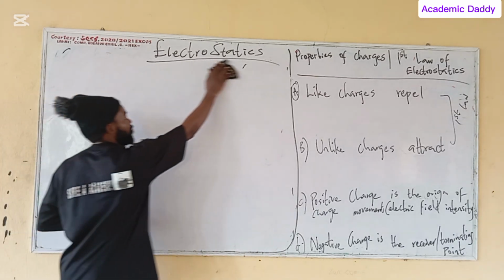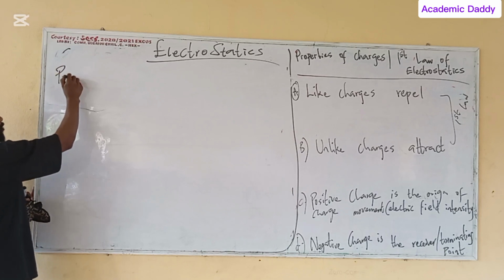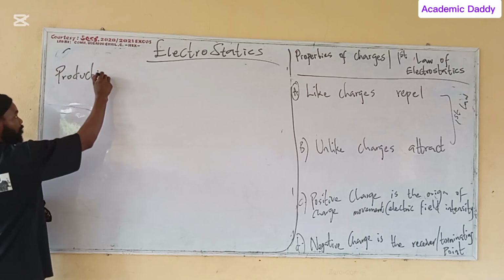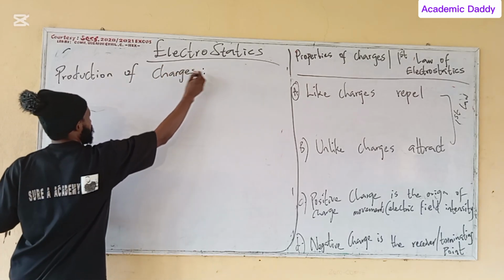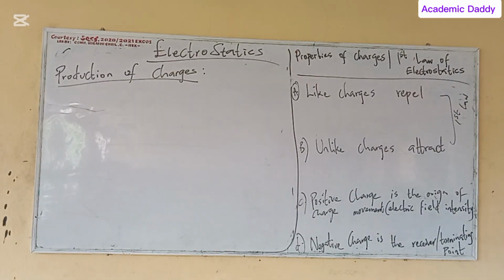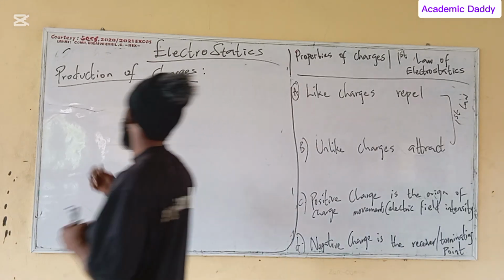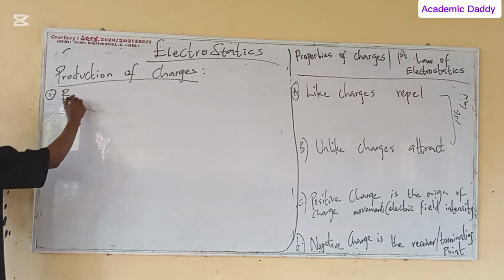So we normally say that production of charges is one that involves, one, friction.